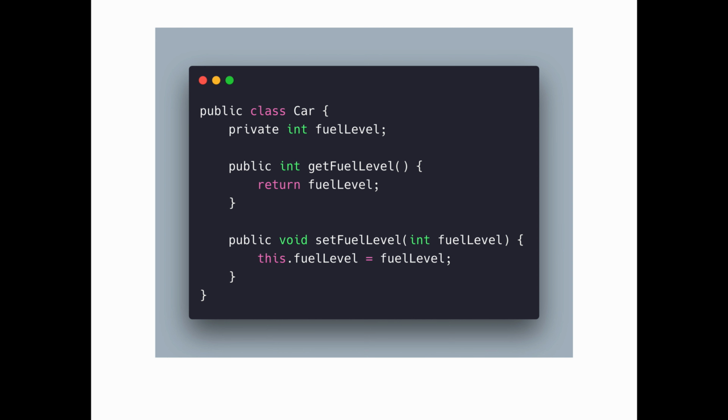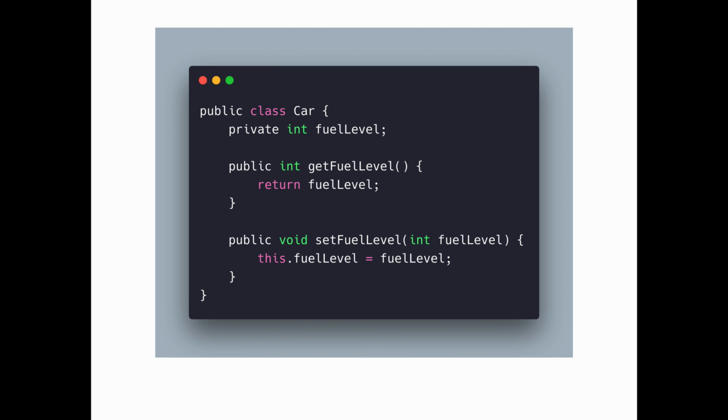So in order to access this variable outside the class, you use methods. So you have get fuel level and set fuel level. So those are the public methods the users will use to access this variable. Set fuel level sets the fuel level. Get fuel level returns it.